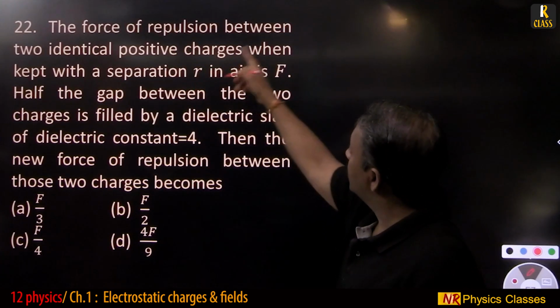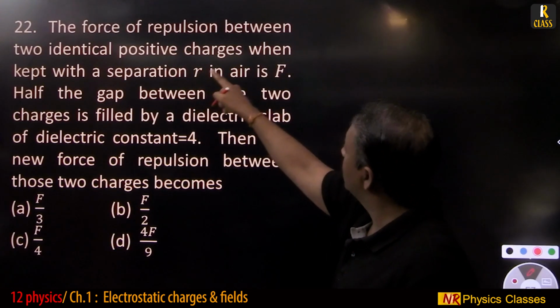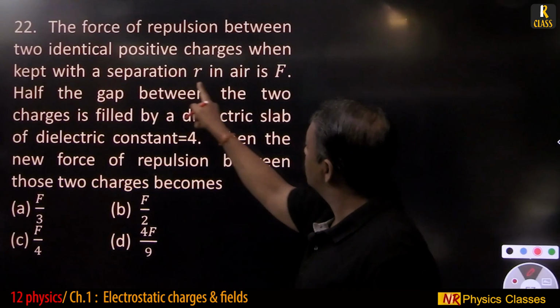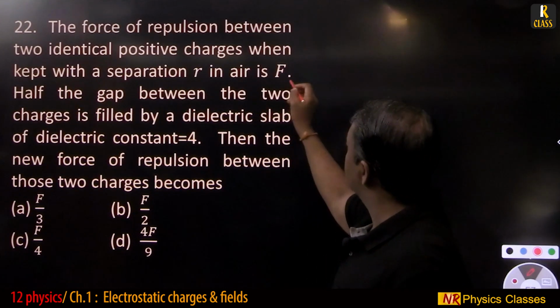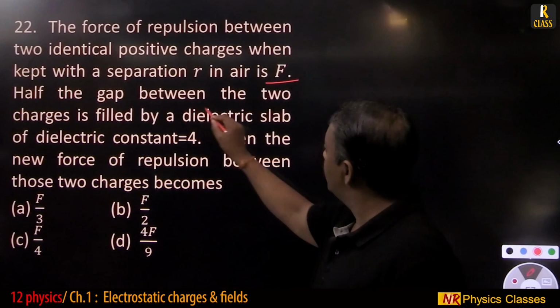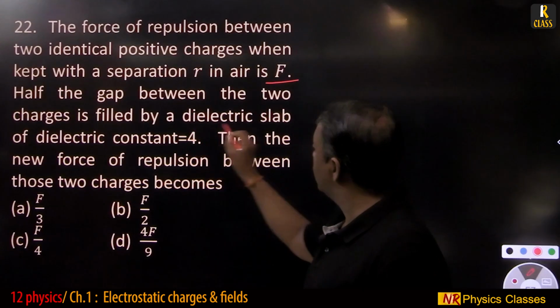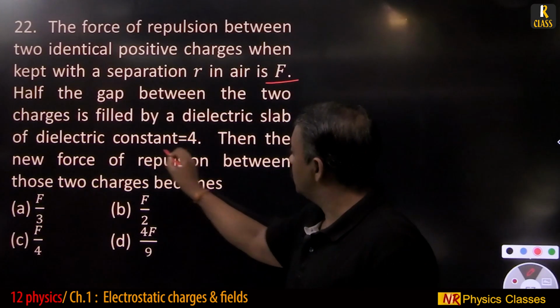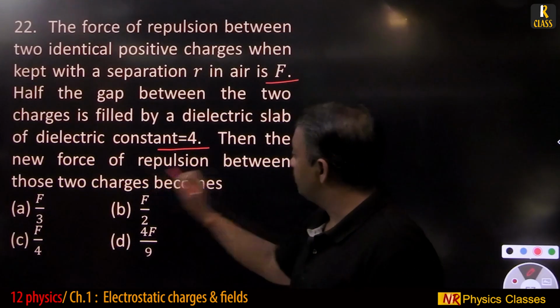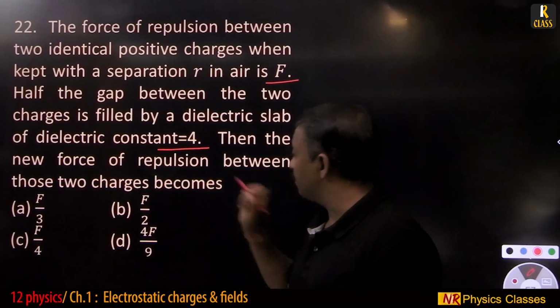The force of repulsion between two identical positive charges when kept with a separation of r in air is F. Half the gap between the two charges is filled by a dielectric slab of constant 4. Then the new force of repulsion between those two charges becomes?